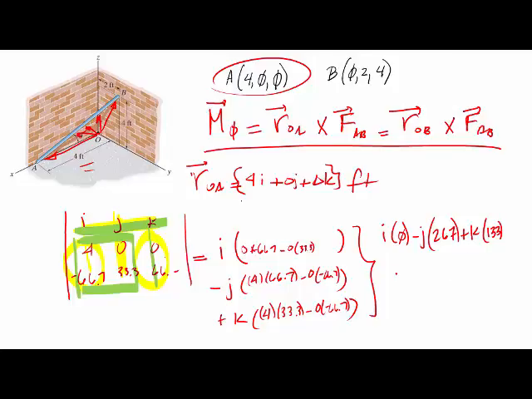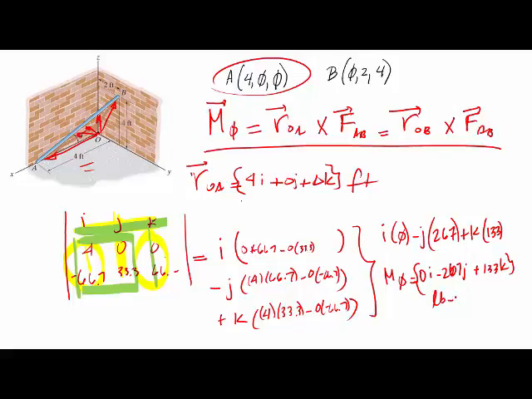Okay? So then the moment about point 0 would be, let's put it in the same notation we've been using, minus 267J plus 133K. And the units of the moment would be what?